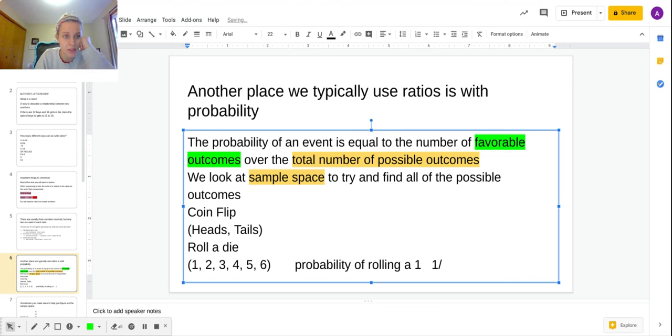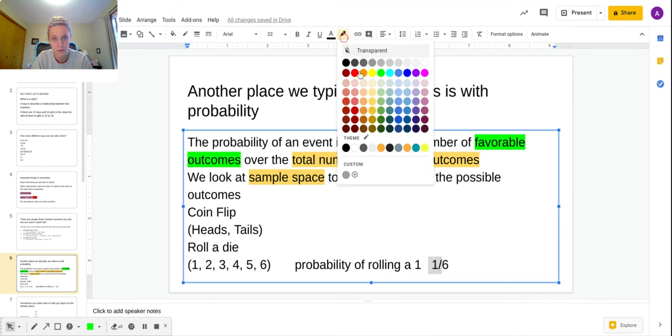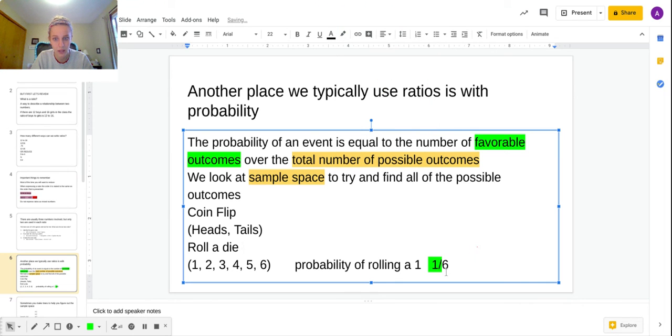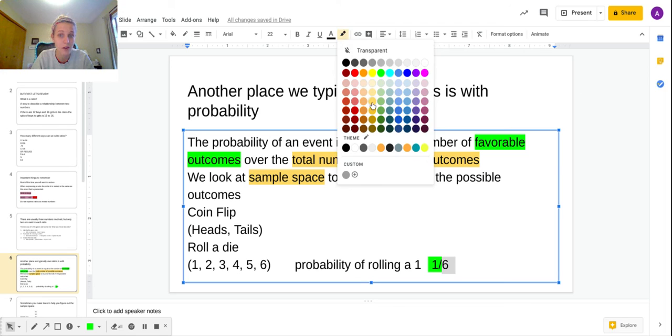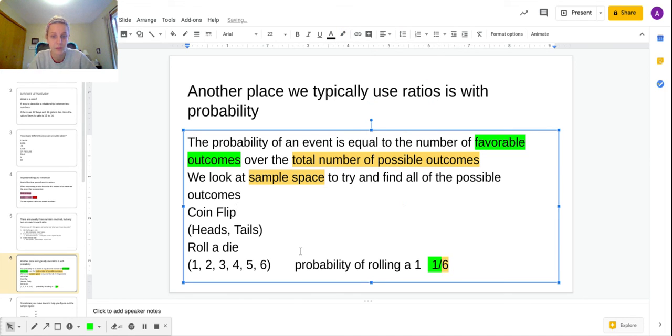How big is our sample space? This is our sample space. So how many chances are there? There's 1, 2, 3, 4, 5, 6. So the probability of me rolling a 1 is 1/6, because this is the number of favorable outcomes, I want to roll a 1, out of 6 possible outcomes of rolling a die. Okay?